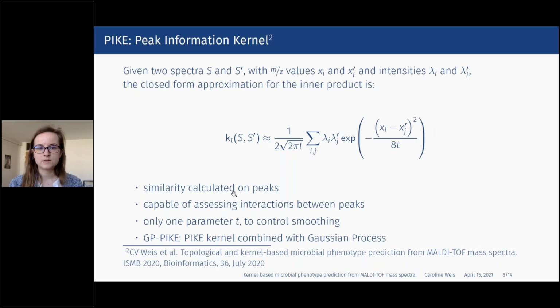And this allows us to calculate similarities based on peaks. Through each pair comparison, we are able to assess interactions between peaks, and we only have one parameter that we need to optimize, which is nice for machine learners. And we've plugged this PIKE kernel into a Gaussian process to have our method called GP-PIKE.